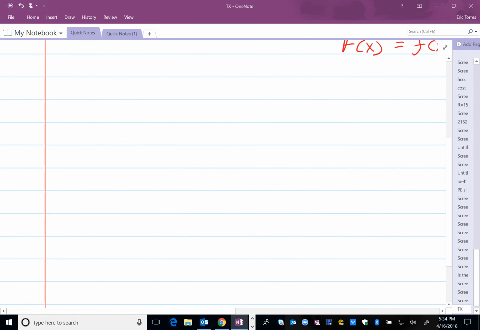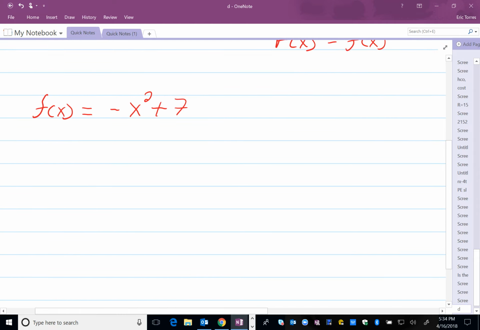So let's say I have some function f of x equals negative x squared plus 7. And this is a parabola opening down. Let's take just a quick look at it.